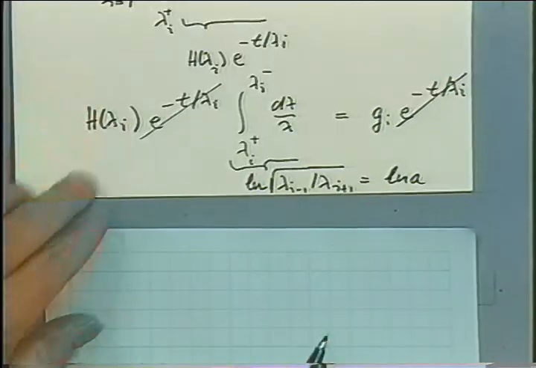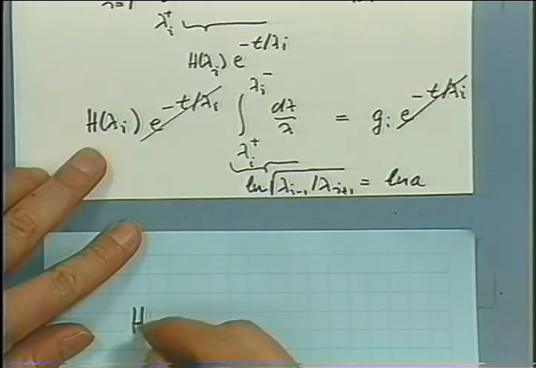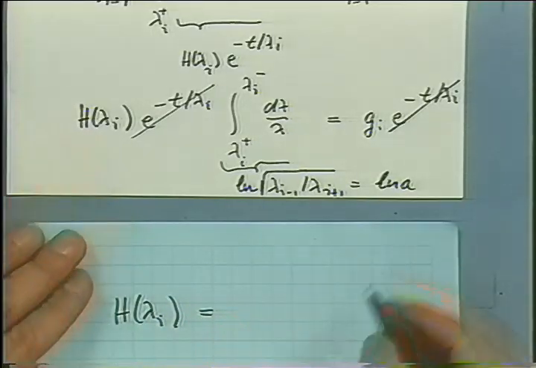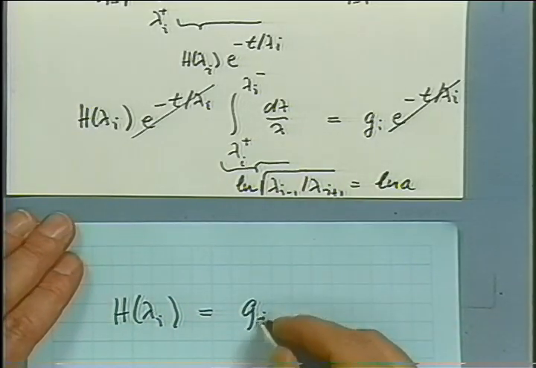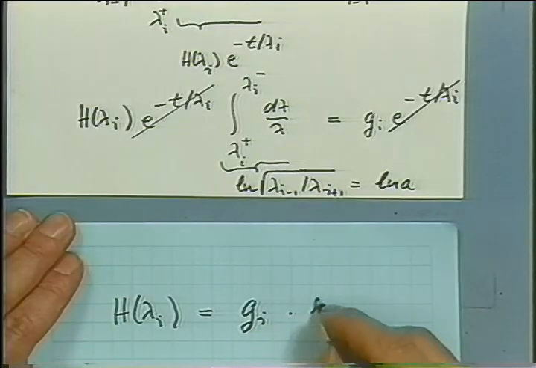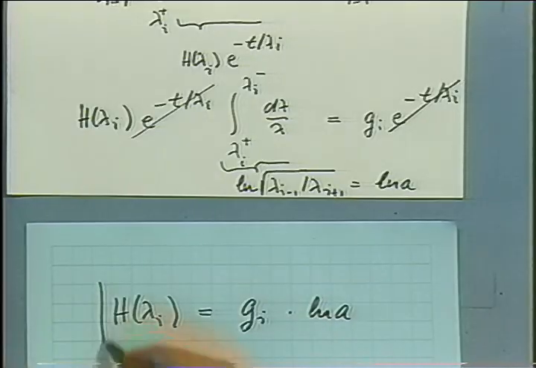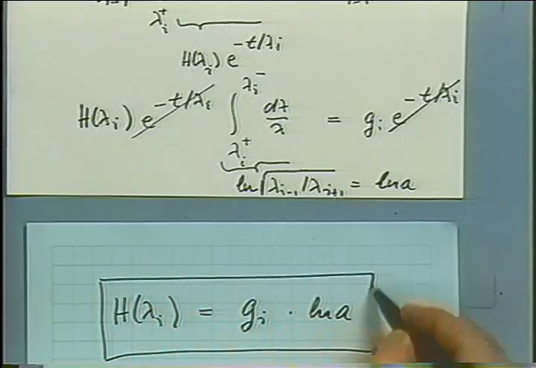So the result of that calculation now is that h at lambda I is equal to g I times the natural logarithm given by the spacing. And this is the relation which we will be using.